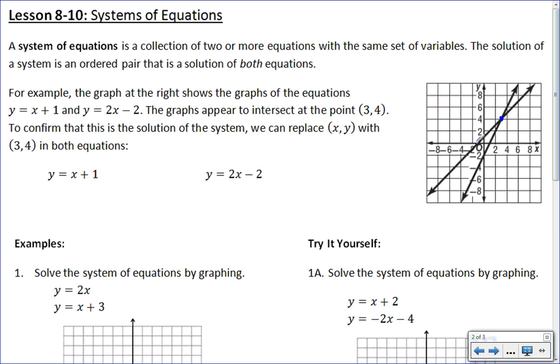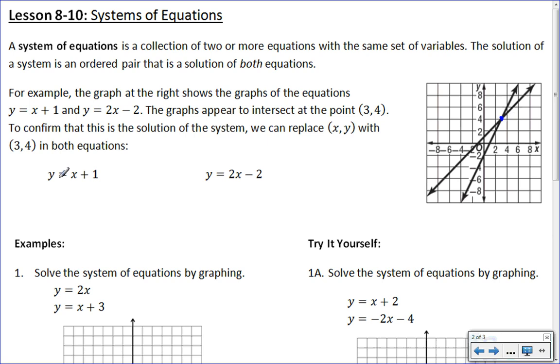And the scale here is by 2, so that's why that looks like it's not exactly at a whole number, but it's halfway between 2 and 4, so that's 3, 4. Now, it looks like that's where they intersect, but to confirm that this is the solution of the system, we can replace x and y with 3 and 4 in both equations, because remember, if this is a solution to the system, it has to be a solution of both equations.